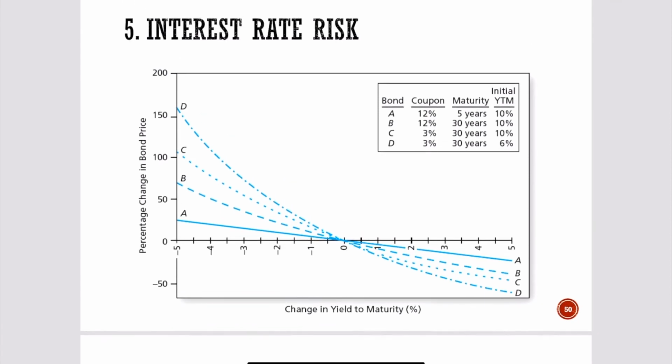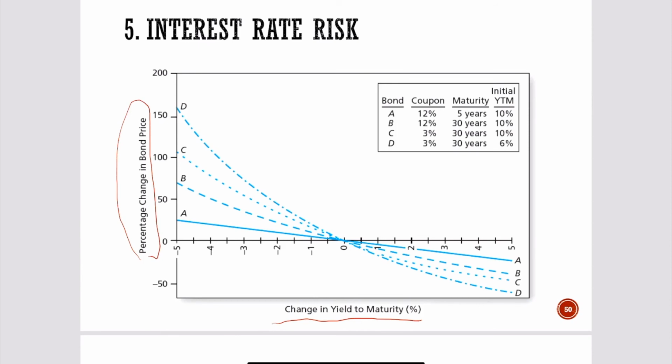Okay, now let's start with this nice picture and see what kind of results we could draw from it. Basically, you can see that we have four different bonds, A, B, C, and D. The horizontal axis is the change in yield, and the vertical axis is the percentage change in bond price.